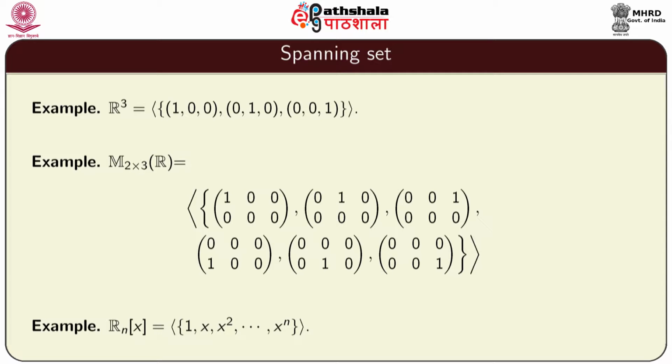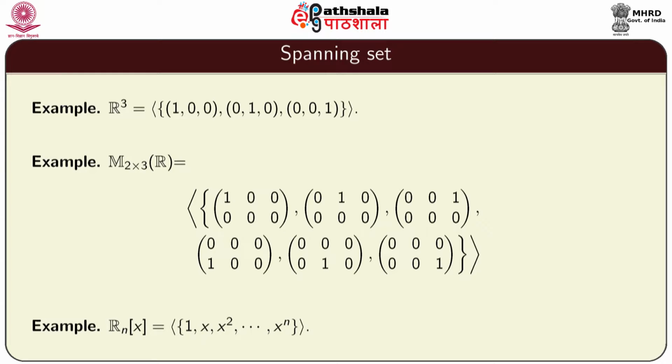Again, the old example of collection of all polynomials with real coefficients whose degree is at most n. Now, if you look at these n plus 1 polynomials, in fact monomials, namely 1, x, x square and so on up to x to the power n, then each one has degree at most n for sure.